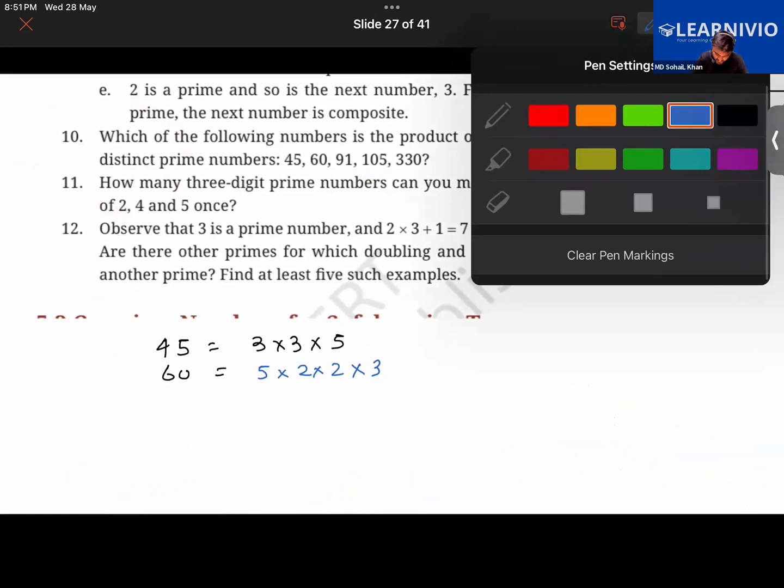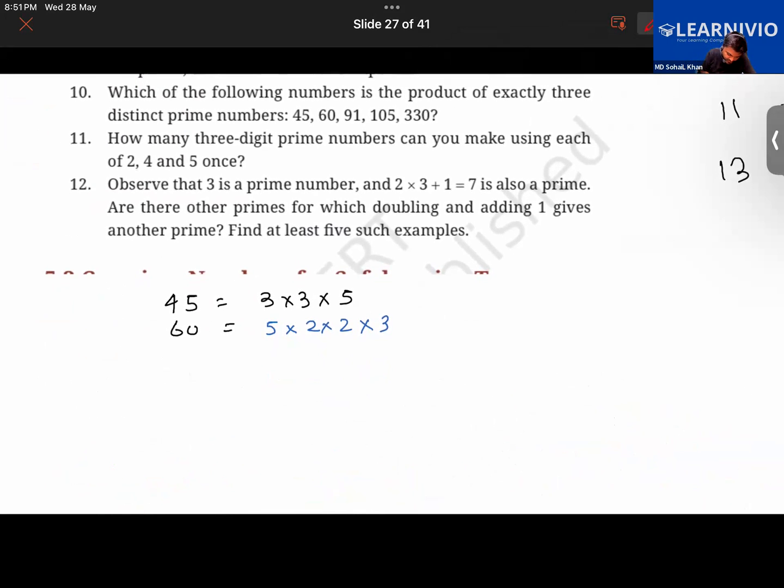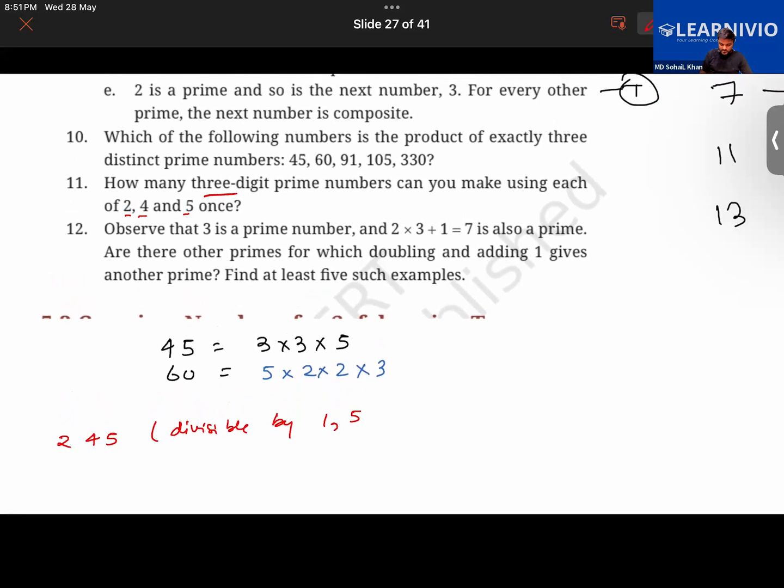Now suppose in the question the numbers are 2, 4, and 5. I need to make 3-digit prime numbers using these digits. Let us start in the following manner: 245. We know that 245 is divisible by 1 and by 5. So hence it is not prime.